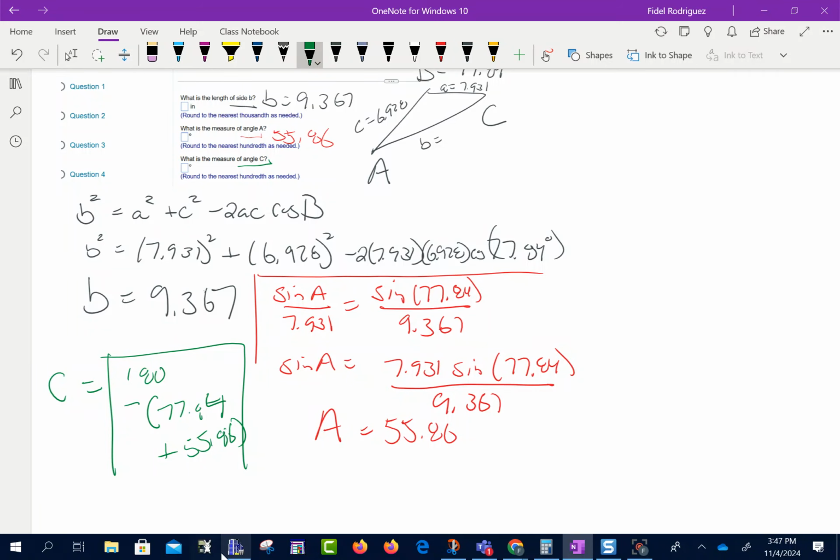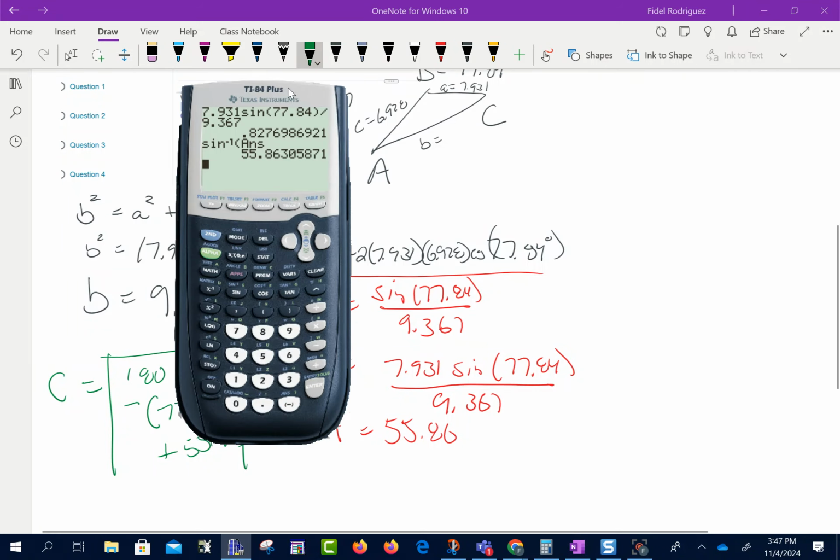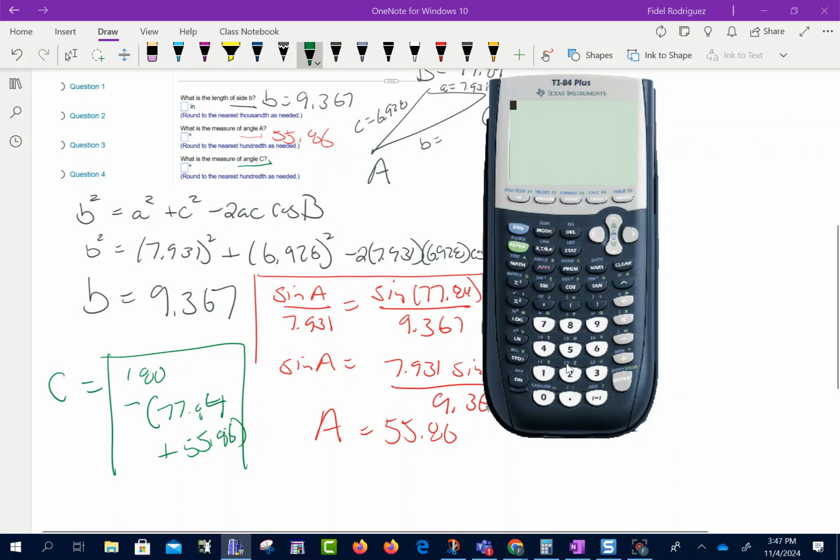So let's go ahead and do that calculation. So I'm going to clear my screen and I'm going to say, what's 180 minus the sum of those two? 77.84 plus 55.86. And y'all, I'm coming up with 46.3.